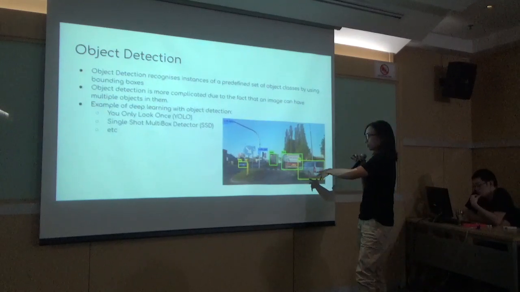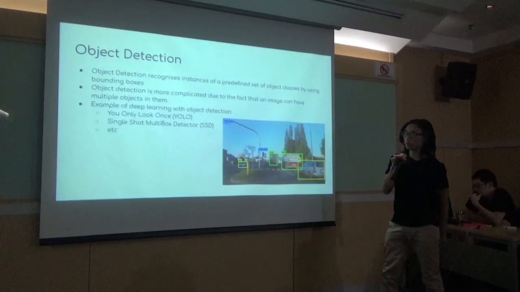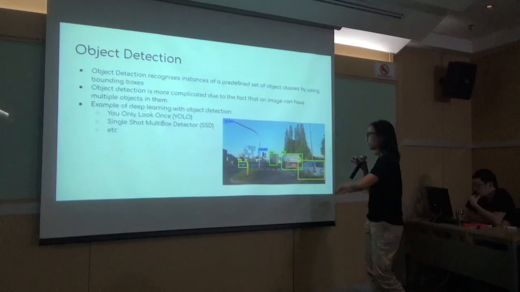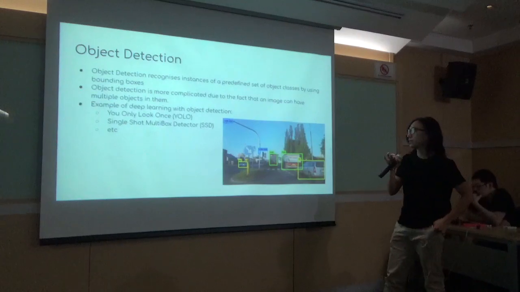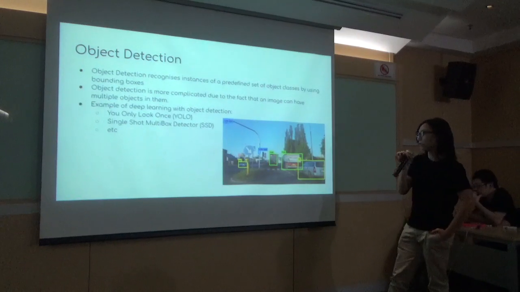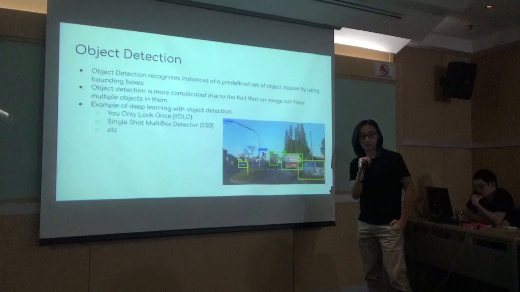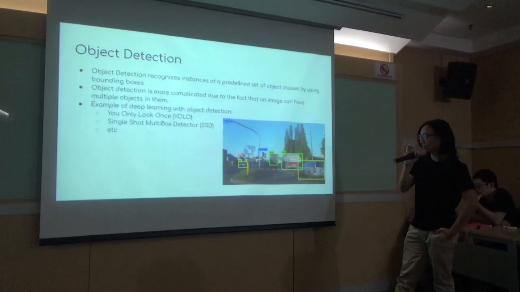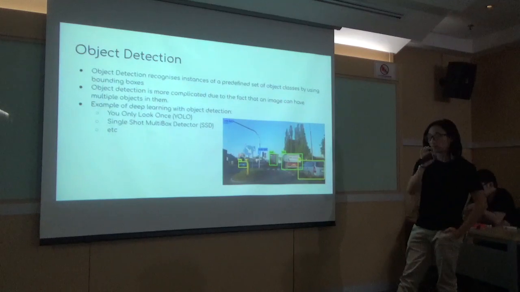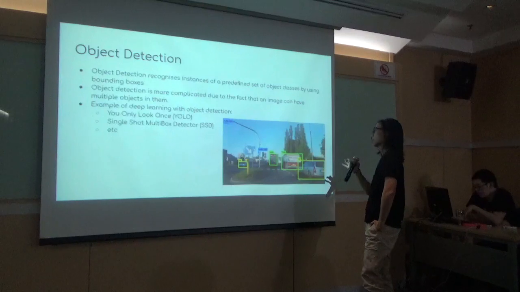You can also use a photograph or video recorder to see this, and then you can search the surrounding area with these techniques. Object detection is more complicated due to the fact that an image can have multiple objects in it. Examples of deep learning with object detection are YOLO, the one Randy mentioned, and also the single shot multibox detector, also called SSD.